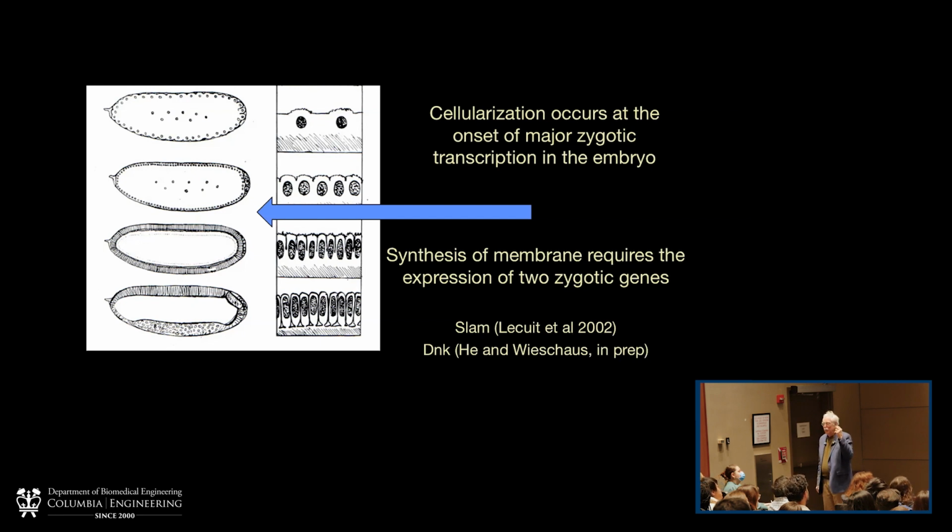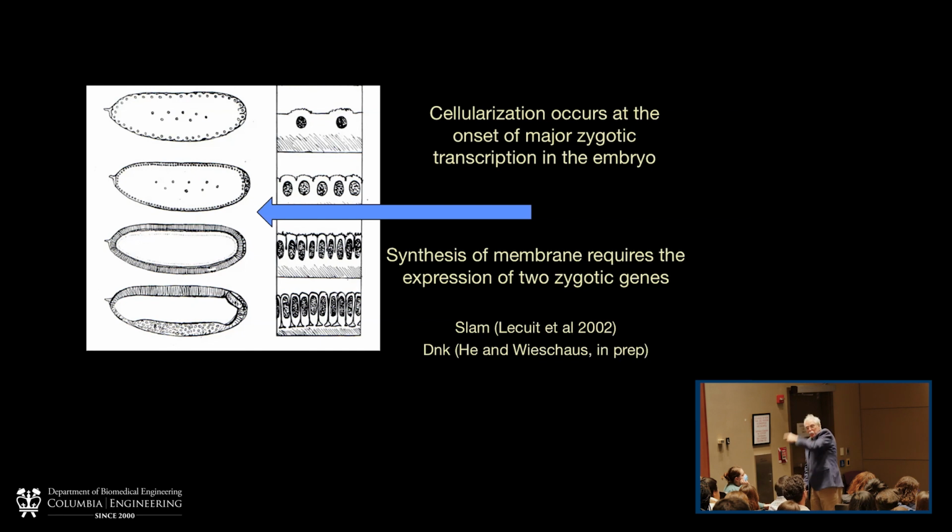One is called discontinuous nuclear layer, or DUNC, and one is called SLAM, for slow as molasses, and neither one by itself knocks out or eliminates cellularization. But if you eliminate both of them together, you make embryos which are perfectly normal up to the beginning of cycle 14, have all their nuclei, the dorsal gradient, the twist response, but are unable to subdivide into 6,000 cells.